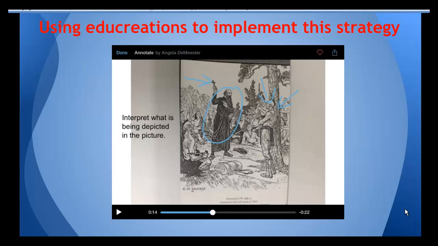I'm just going to share an example of how students practice some annotation. In this particular example, students were asked to select an image depicting one of the groups in the early colonization of New France and interpret what was being depicted. Using Educreations, students would take a picture of the image, which could be a piece of text as well, to be discussed. They would then preview any text features and record any connections or questions that they had.